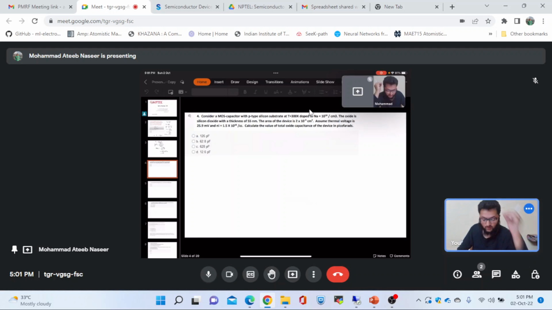The oxide, silicon dioxide, has a thickness of 55 nanometer. We have also been given the device area, 2 into 10 raised power minus 3 centimeter square. We have been told to assume the thermal voltage to be 25.9 millivolts, and intrinsic carrier concentration is 1.5 into 10 raised power 10 per centimeter cube.